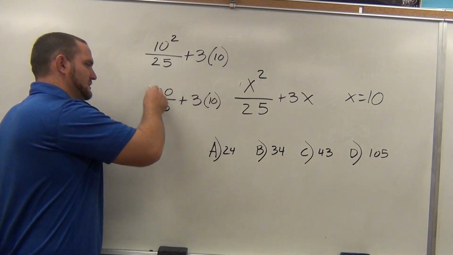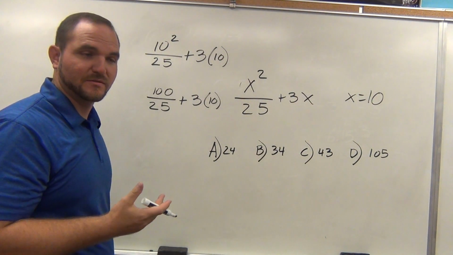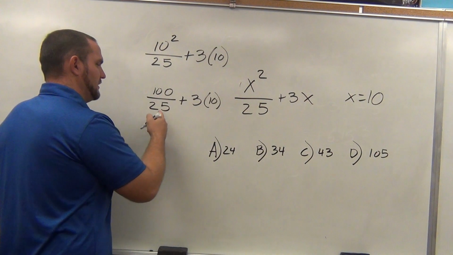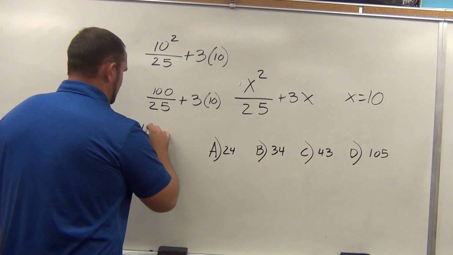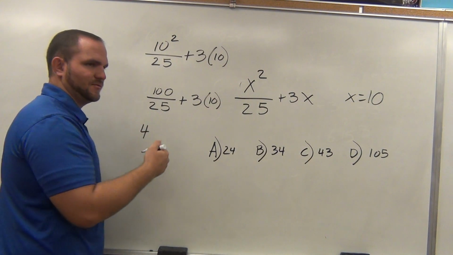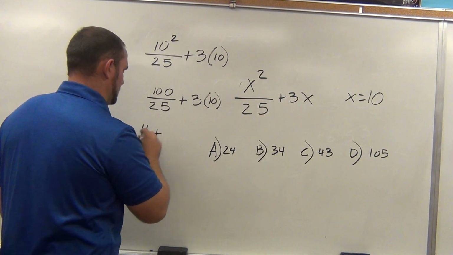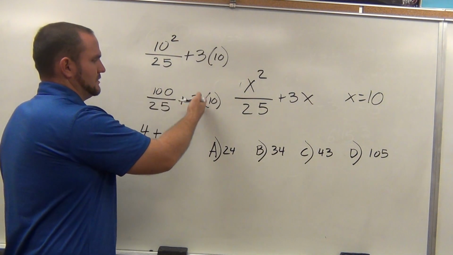So we could do this here. This would be a division piece of the problem, 100 divided by 25. I know that 25 times 4 is 100. So now I'm left with this. I did the left one first, so I'm going to do the right one now.